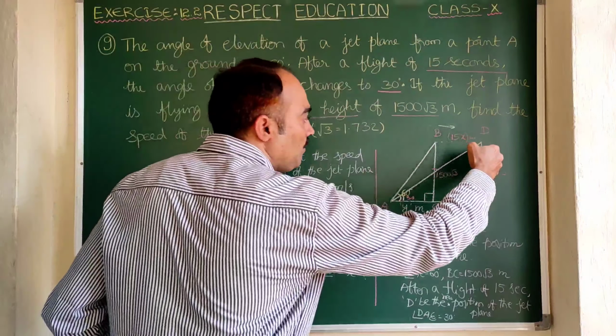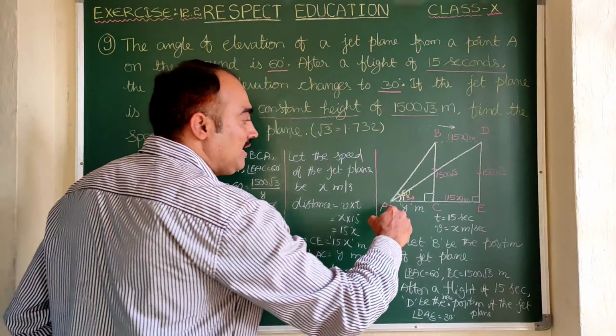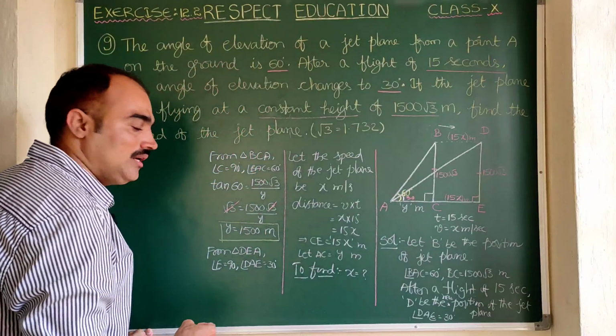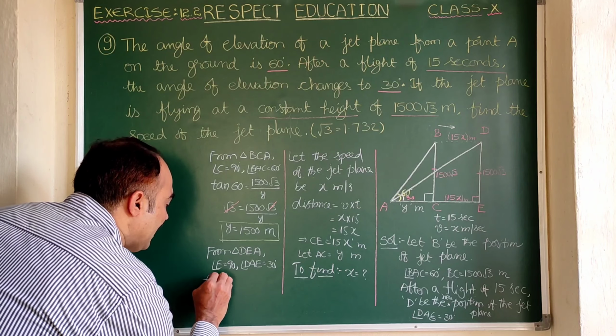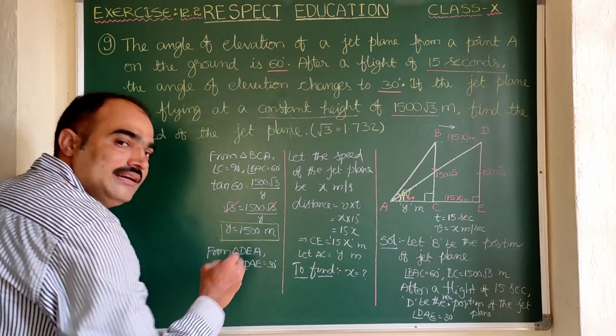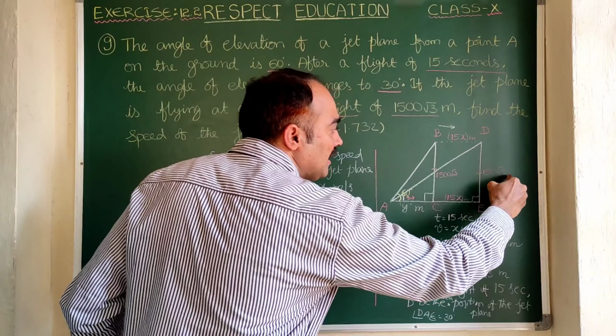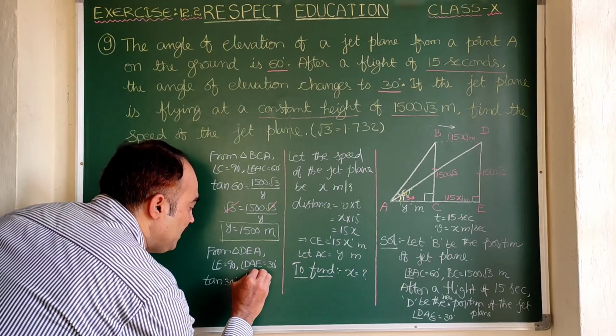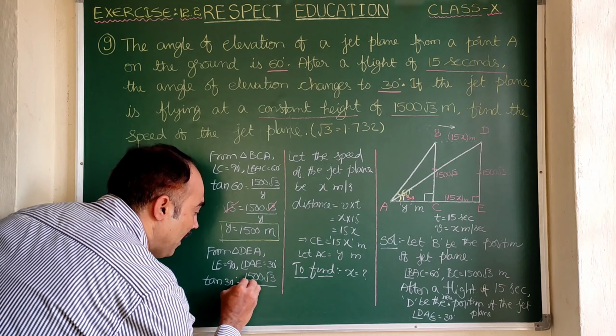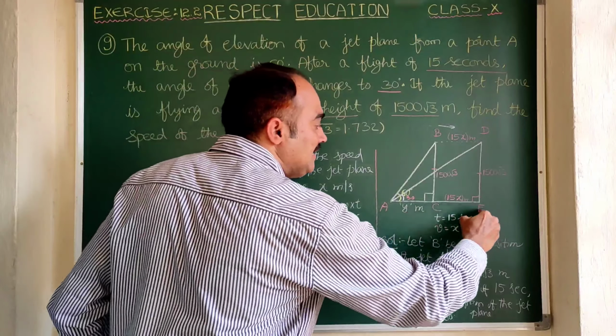Here also the opposite side is known, whereas the adjacent side is unknown. So let us apply tan theta again. Theta is 30 degrees. Tan 30 is equal to the opposite side DE, that is 1500 root 3, by the adjacent side AE.